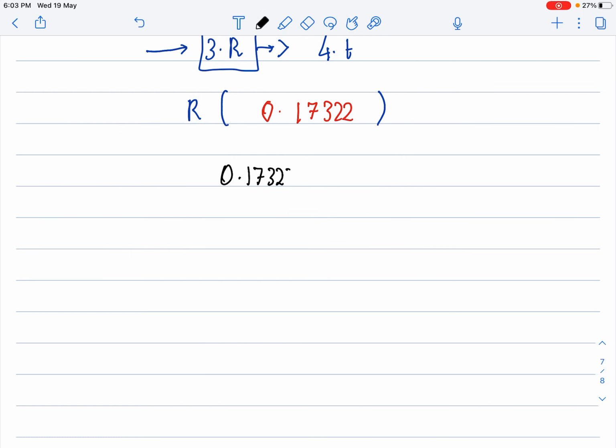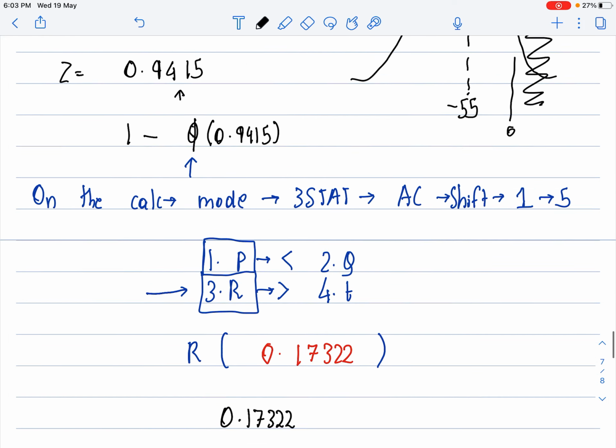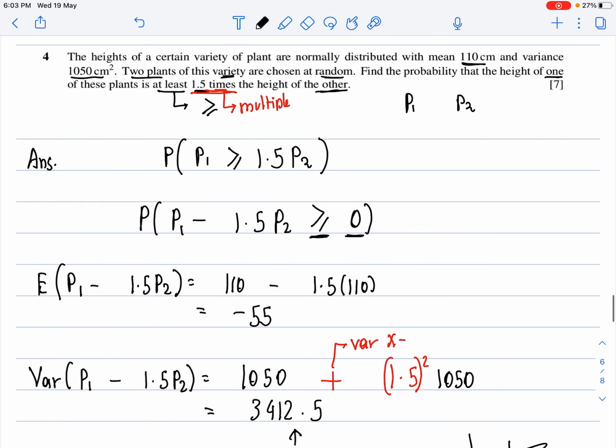No, you are wrong. When I started the sum, I told you I'm assuming that plant 1 is more than or equal to 1.5 times plant 2. But here they are saying any one of the plants. It's not necessarily plant 1 is more than plant 2 or plant 2 is more than plant 1.